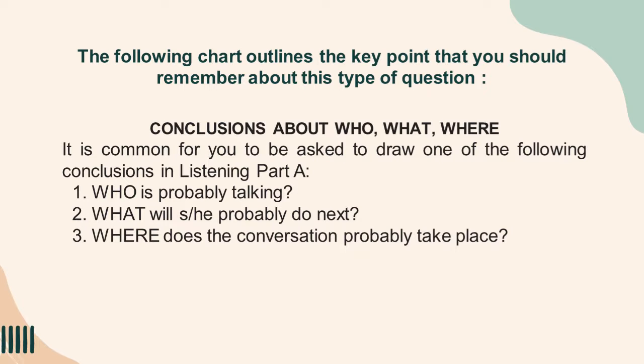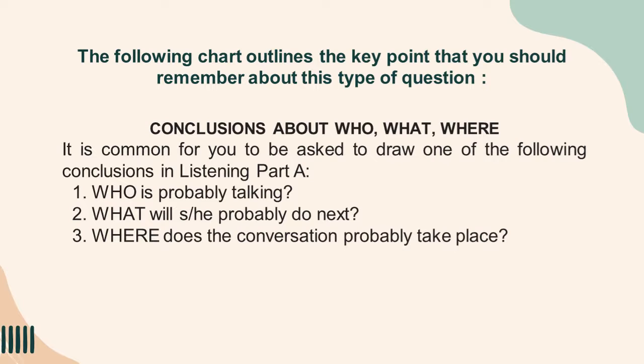The following chart outlines the key points that you should remember about this type of question. Conclusion about who, what, where. It is common for you to be asked to draw one of the following conclusions in listening Part A. One, who is probably talking?